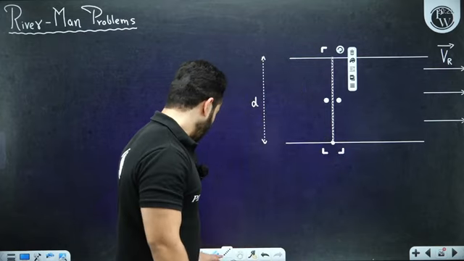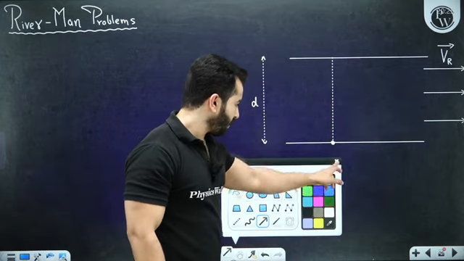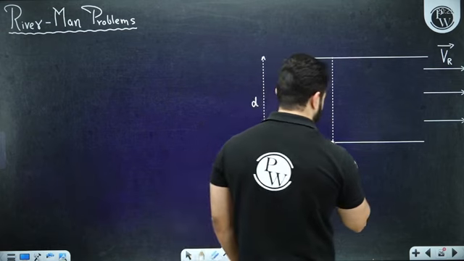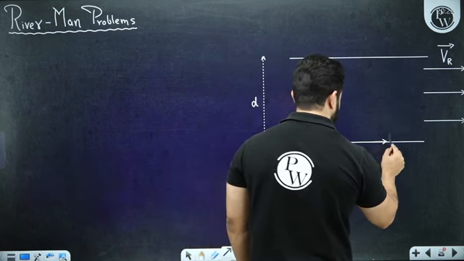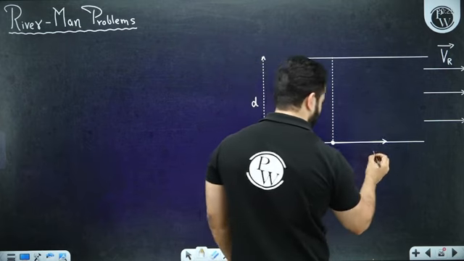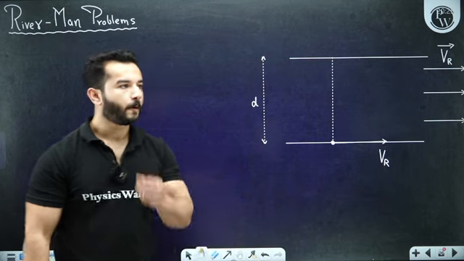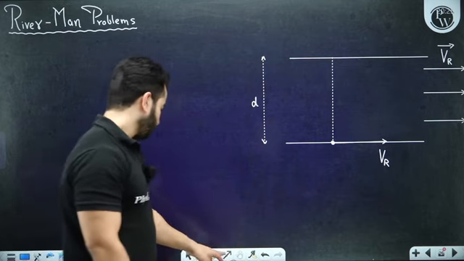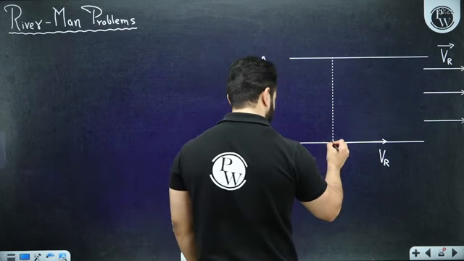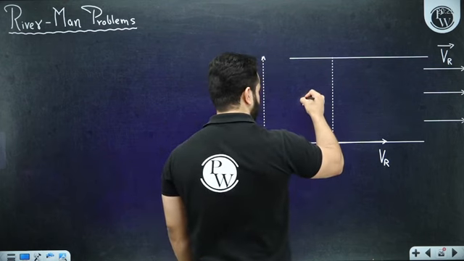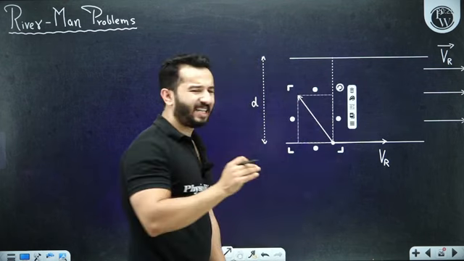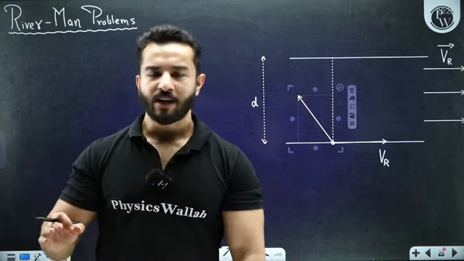Obviously, at this point, we know that the river is flowing with a velocity Vr. So let's draw Vr over here. This is Vr. And I'm drawing VMR, something like this.